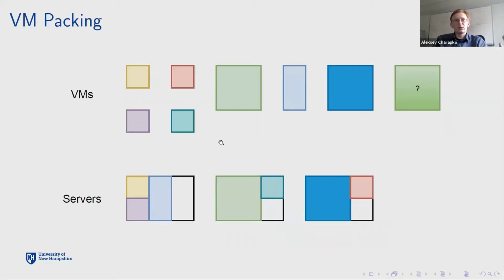When we create the virtual machine, we say it needs X number of CPU cores, this many gigabytes of memory, maybe this much on-server storage, maybe this much network bandwidth, and so on. In practice, this problem becomes way more complicated because we have more things to consider when we allocate and place these virtual machines.